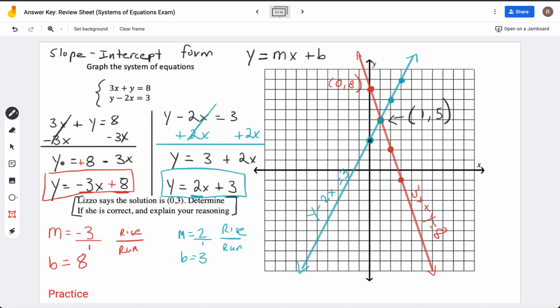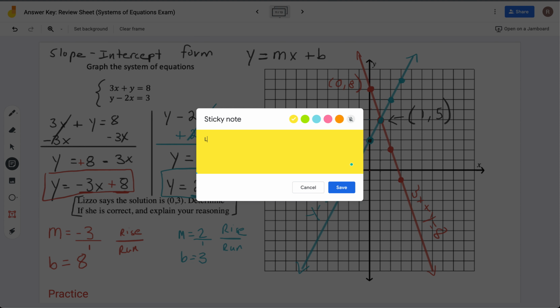So Lizzo is incorrect because the system of equations intersect at the point (1, 5). So the solution is (1, 5).